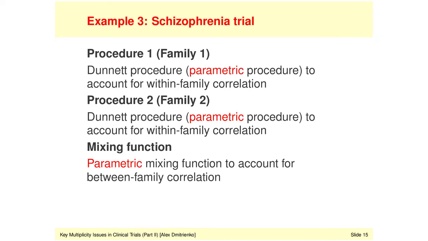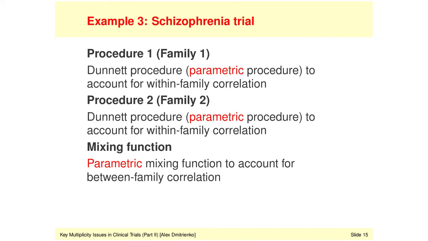They don't need to be estimated. We know the true values of those parameters at the time when we're going to design the trial and specify the multiplicity adjustment. In this case, it will be most sensible to select the component procedures that take the within-family correlations into account, and this can be accomplished by applying a parametric procedure within each family.